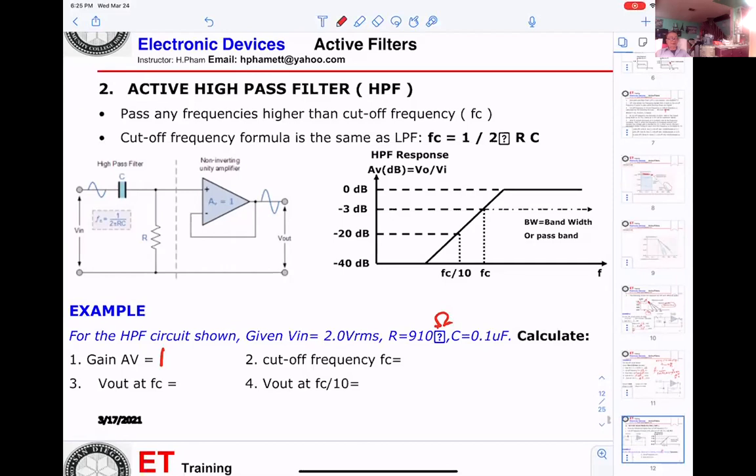The op amp doesn't change any frequency. Frequency changes based on R and C. The cutoff FC is 1 over 2 pi RC. So depending on what R and what C, you get a different cutoff frequency.